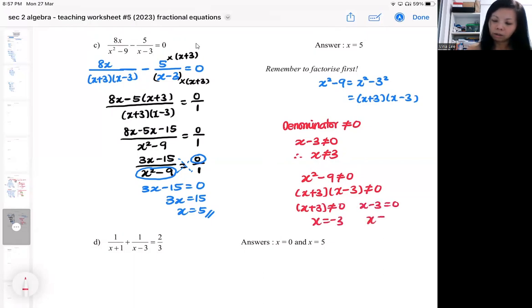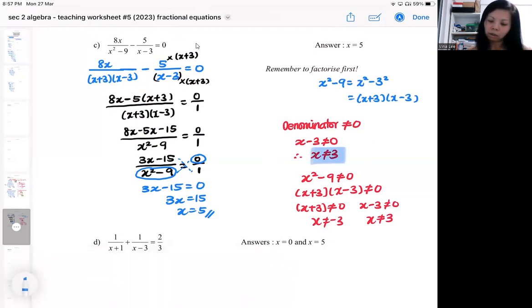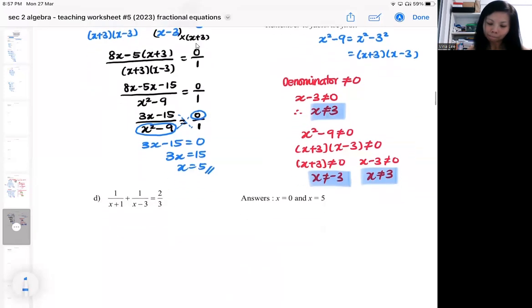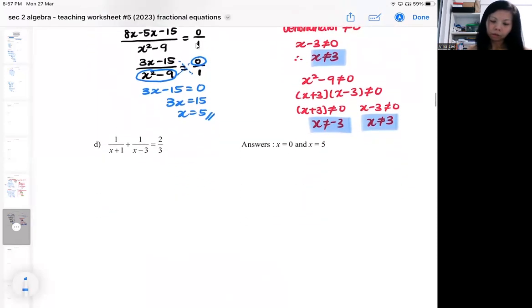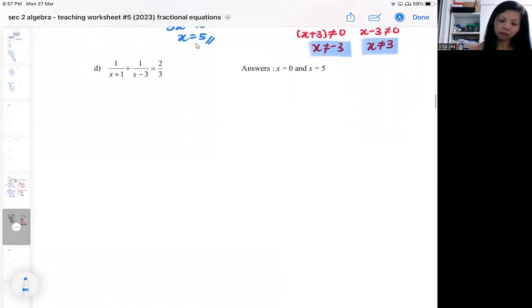So this is called the invalid answer. The answers that are not valid are 3 and minus 3. This is a 5, so 5 is good to go. So that's how you check which answers are not valid.